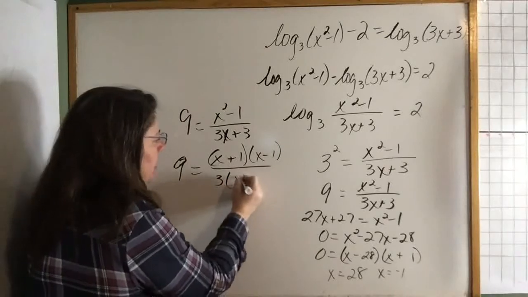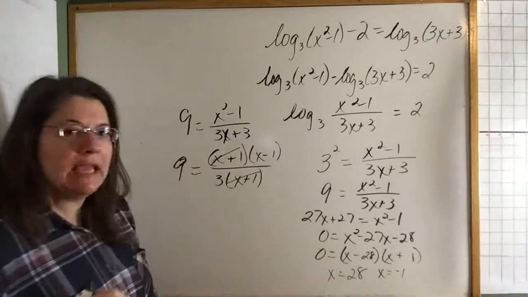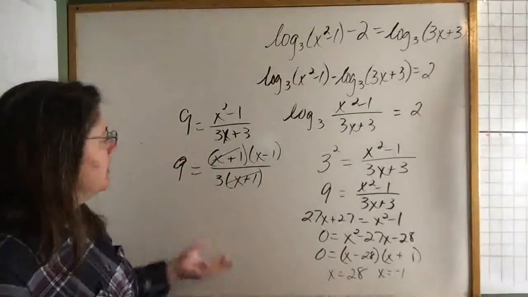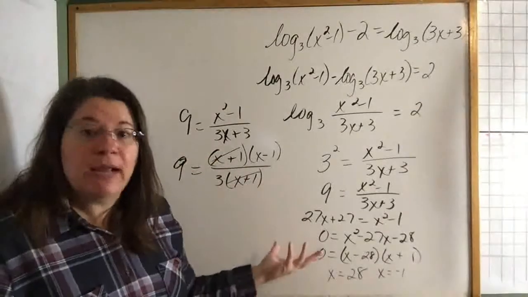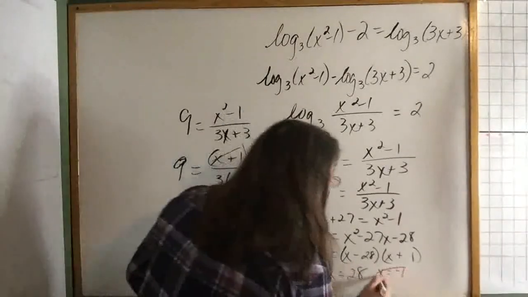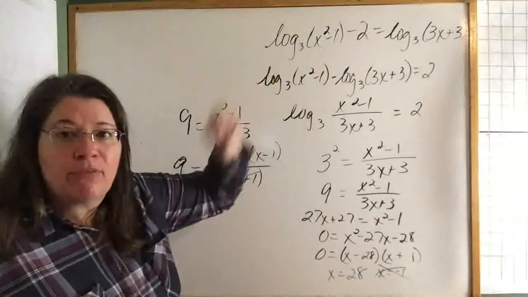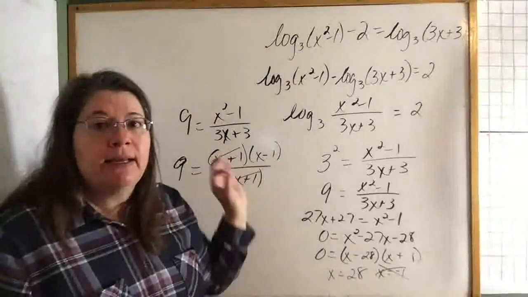I take out a 3 and I've got x plus 1. Look at the x plus 1. It cancels out. So when that cancels out, that tells me that whatever would go here is going to be gone. We throw it out. So the -1 here has to be thrown out because it makes our x part of the log equation 0.